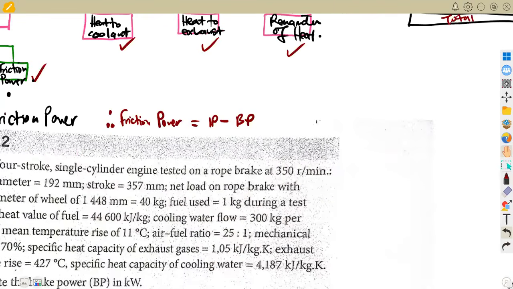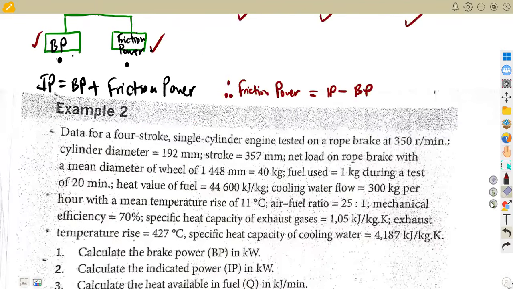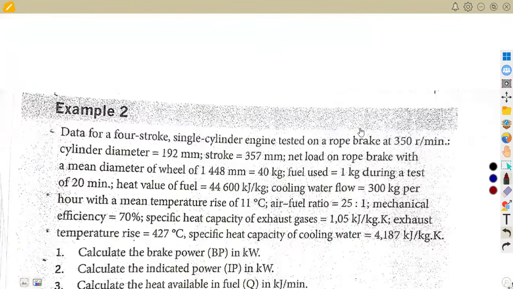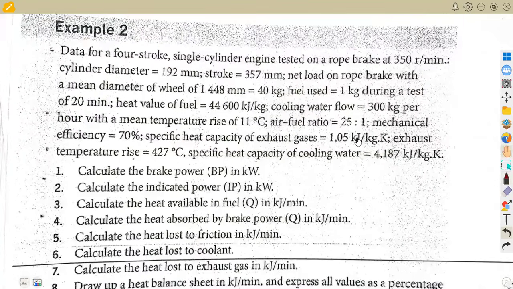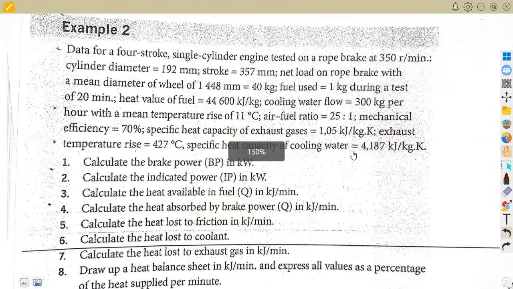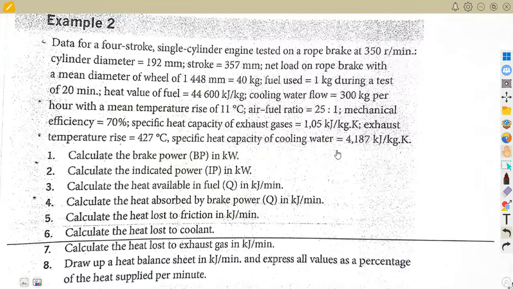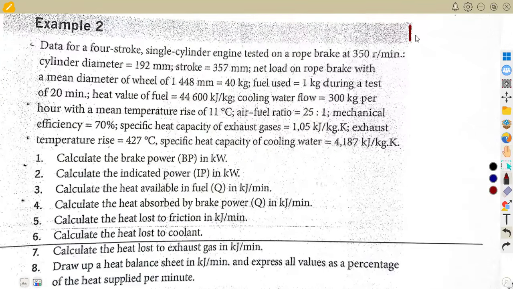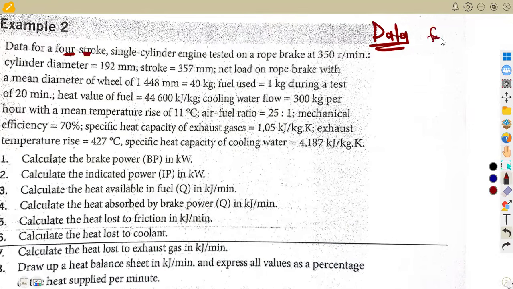All right, here we are given typical questions that we might be given. Example 2: take note, the data that we are given is for a 4-stroke, single cylinder engine tested by rope brake.